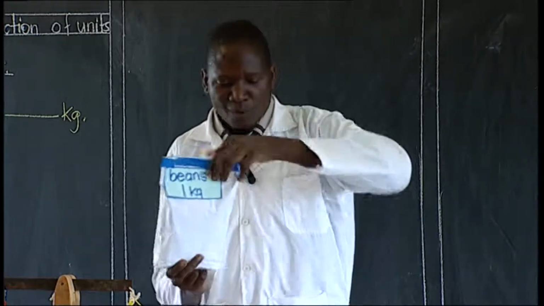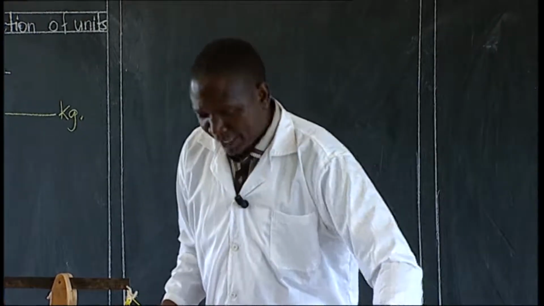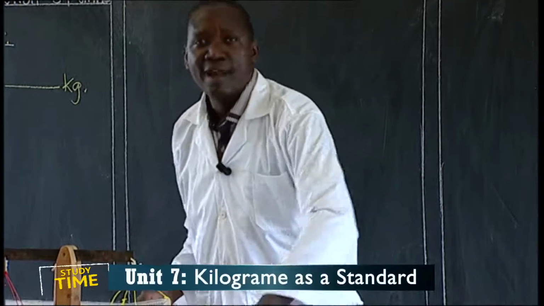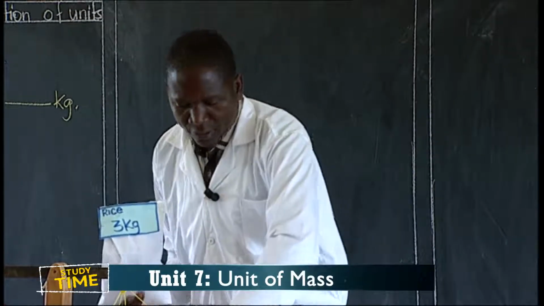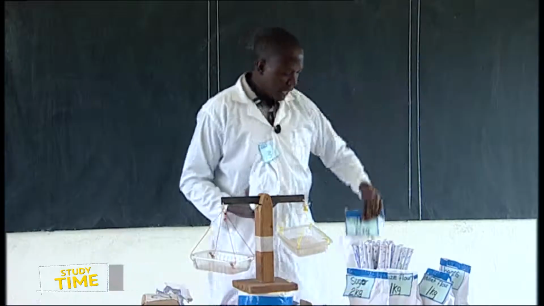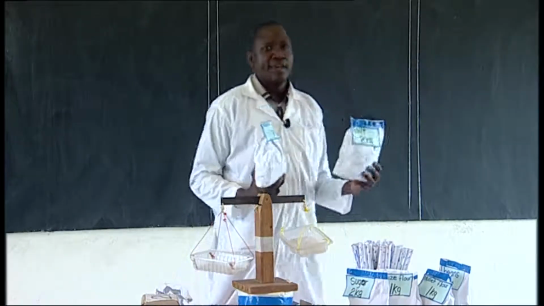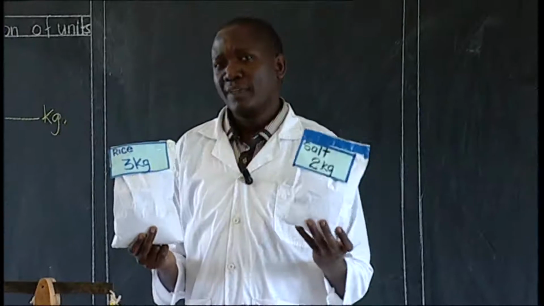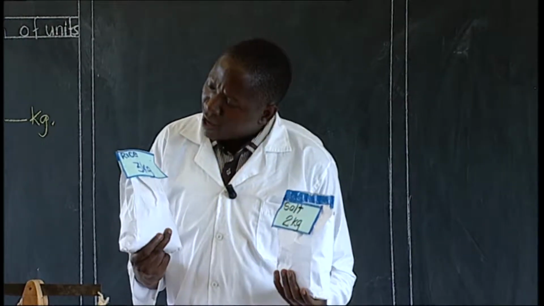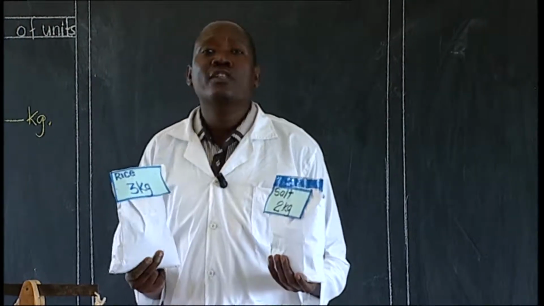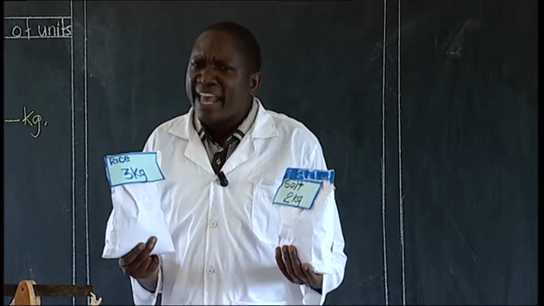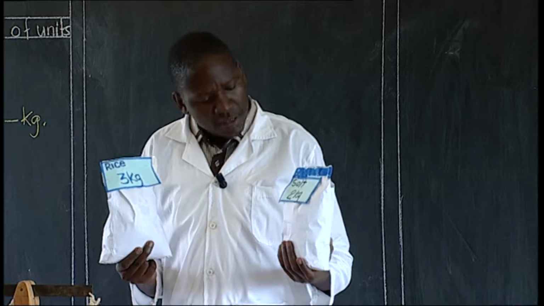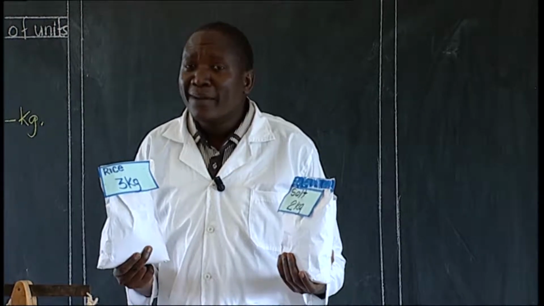Now, let's compare another item. Let me pick rice and I pick salt. Here we have rice and here we have salt. Which item do you think is heavier? Can you tell me?